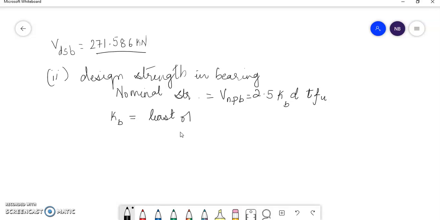the least of these values. First is e upon 3d0. e is the edge distance. It's given by 30 as seen in the diagram.